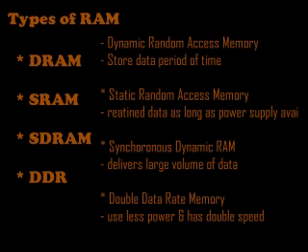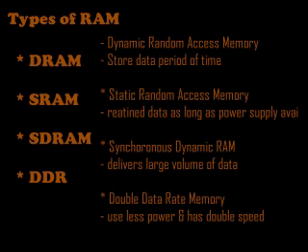The next type of memory is SRAM. Its full form is Static Random Access Memory. It retains the stored data as long as power is available in the computer. Did you get it? Whenever power is available, the data stays in the RAM.